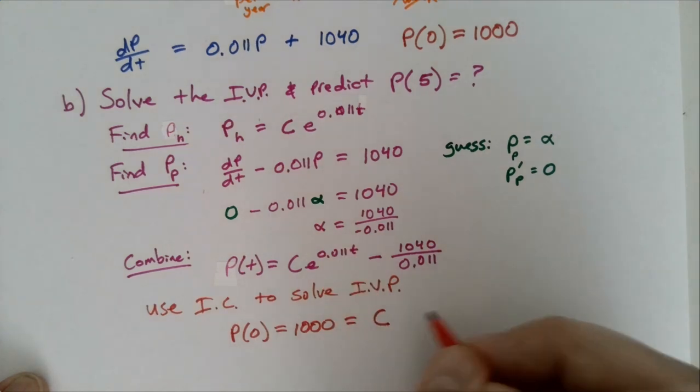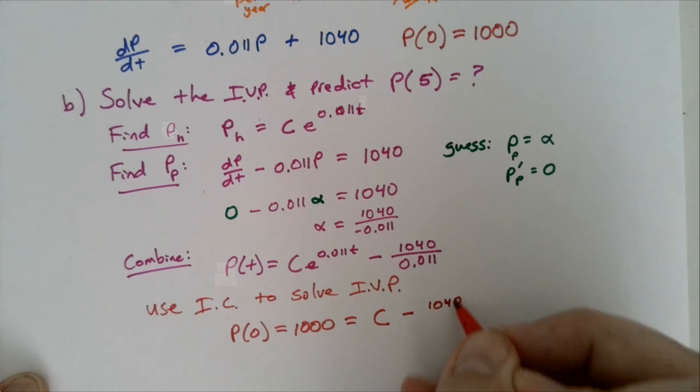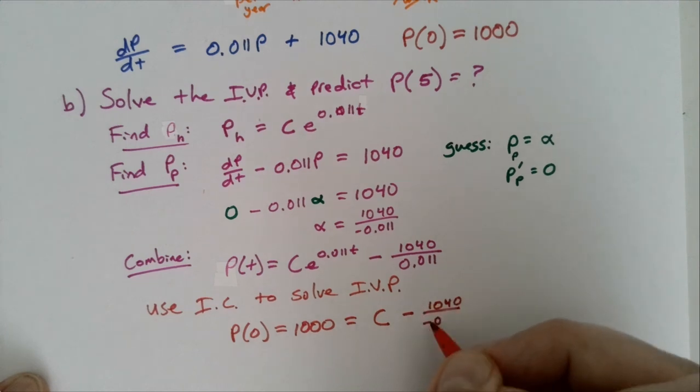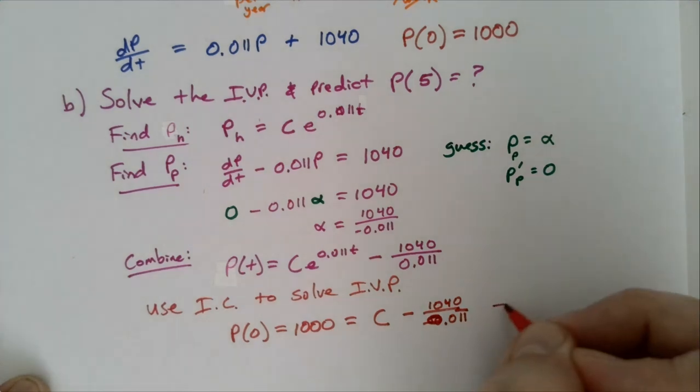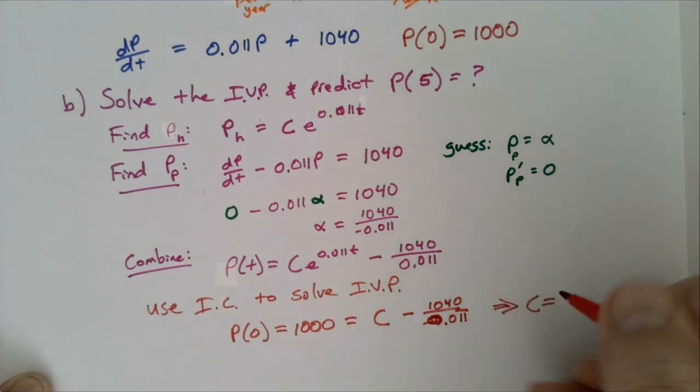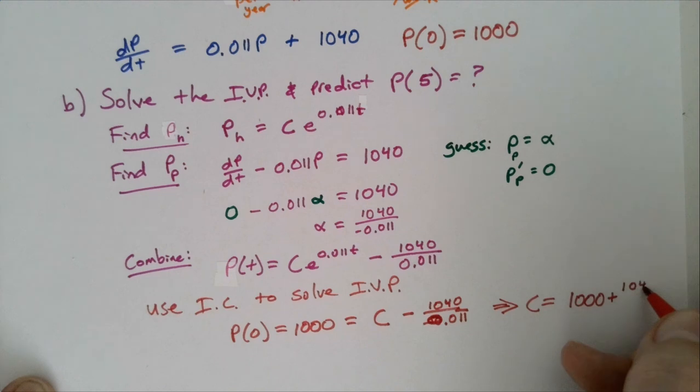So it'd be C minus 1040 over 0.011. I want to solve this for C, add that to both sides, and I wind up with C equals 1,000 plus 1040 over 0.011, whatever that is.